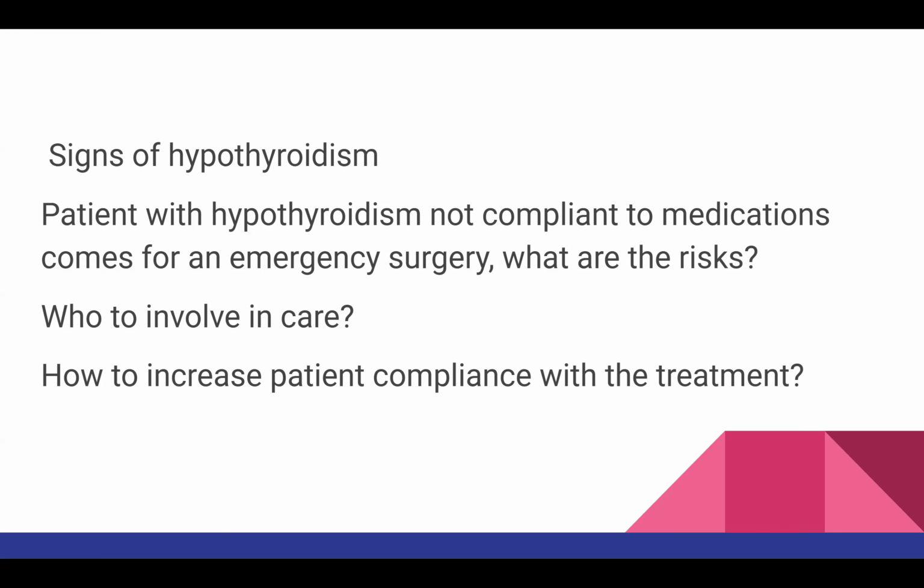Okay. So a patient with hypothyroidism is not compliant to their medication and comes for emergency surgery. What are the risks that you will keep in mind while taking the patient for emergency surgery? In a patient with hypothyroidism, we have to first make the patient euthyroid before taking the patient for surgery.